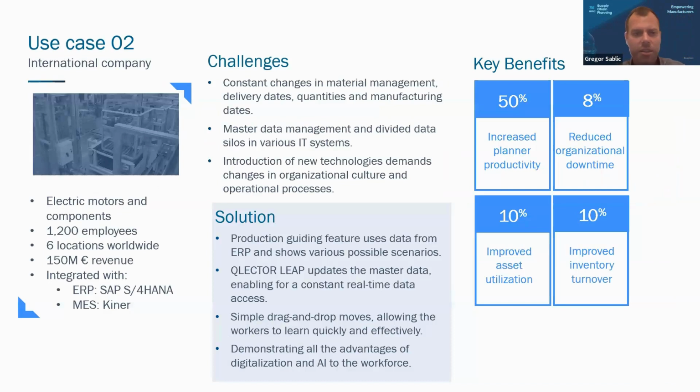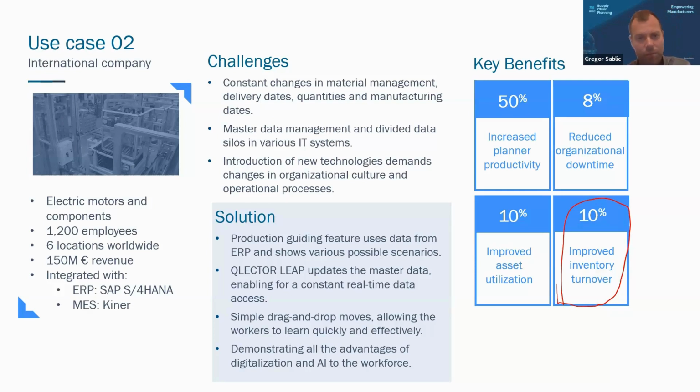The second use case is an electric motors company, producing electric motors. I wouldn't go through the challenges again, but they faced pretty similar ones. It's maybe just a different industry, and where it really brought benefits in this specific implementation was that they improved inventory turnover by 10%, as well as the lead times.